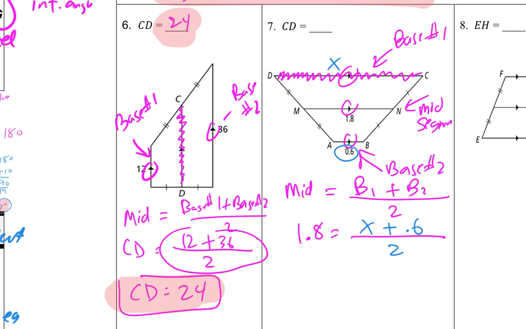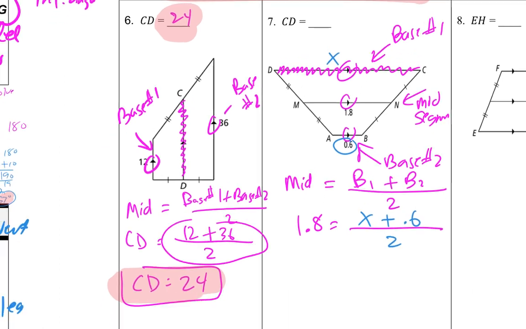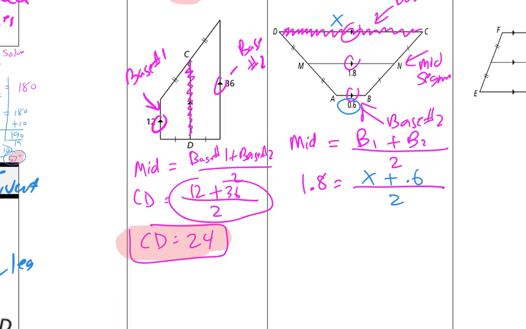Now that looks pretty gross, so we are going to cross multiply. What we're going to do is make that over 1, and we're just going to do our butterflies. So this times this equals this times that.